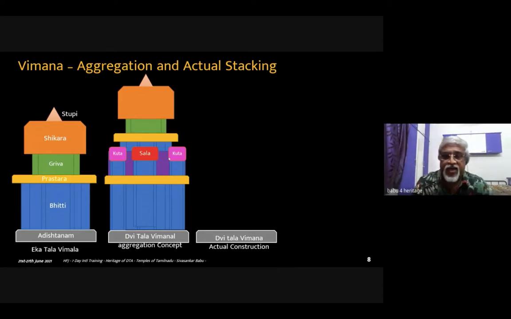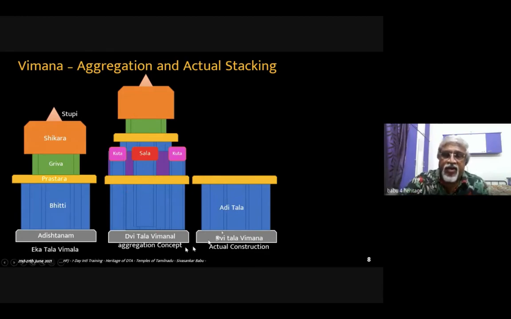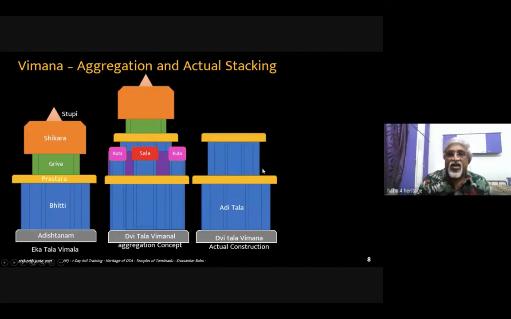So we have a Dvitala in an actual construction format. So we build up the Biti and then we complete the Prastara. This is the Aditala. So this is where the Garbhagriha, sanctum, everything is there, and it will be enclosed by walls and covered. Then you start building one more superstructure on top of it, which will be empty or bowl inside, and outside there will be 4 walls.